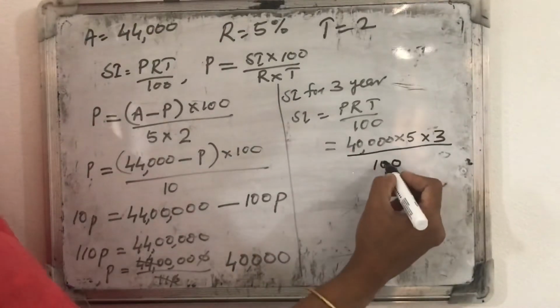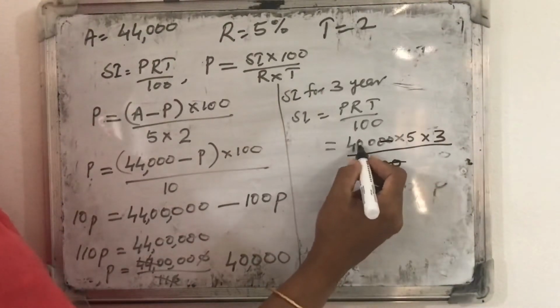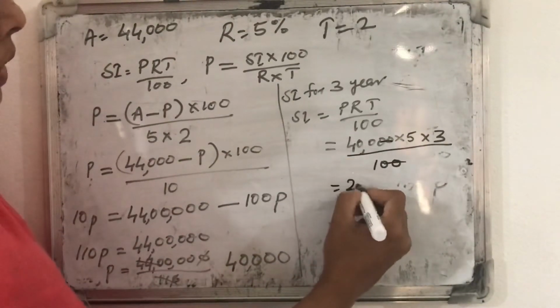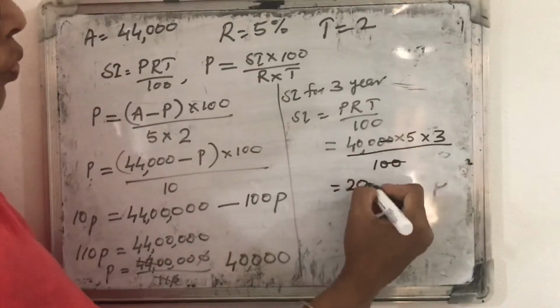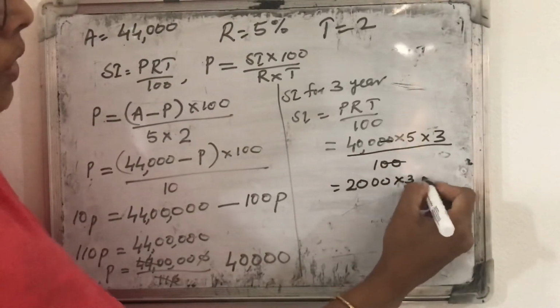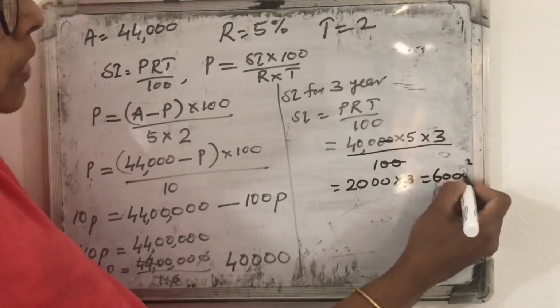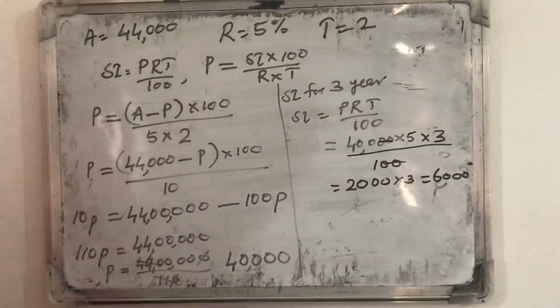Then using this calculation we get 4 into 5, 20. Then how many zeros? 1, 2. 2,000 into 3, that will be 6,000. Now we got the simple interest for 3 years, 6,000.